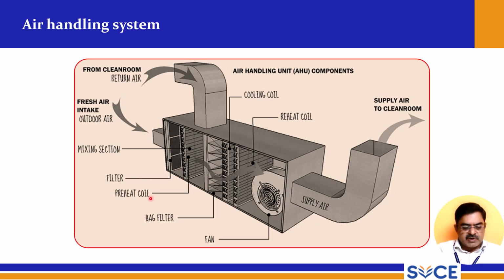Filters are provided, and a preheat coil, and a back filter, another filter, and another fan, and we have a cooling coil and reheat coil. So this is a simple air handling system, supplying air to the clean room. It is a cyclic process: we take air out of the air handling system and supply it back into it, so air is circulated in the confined area.